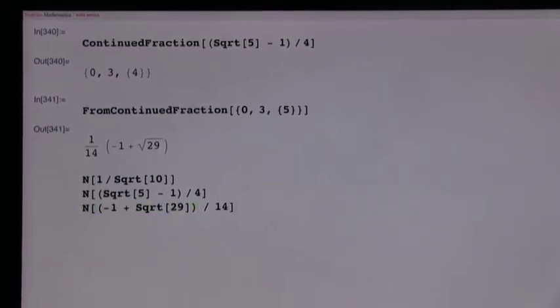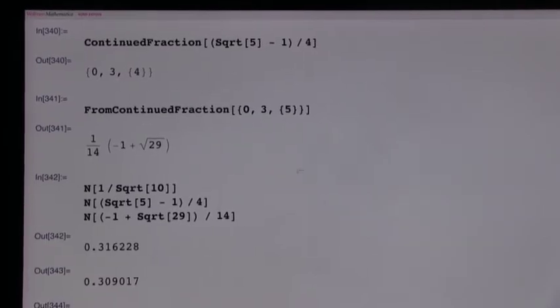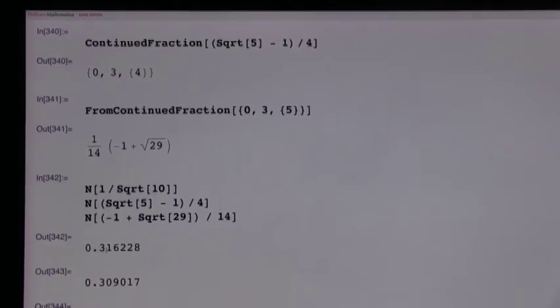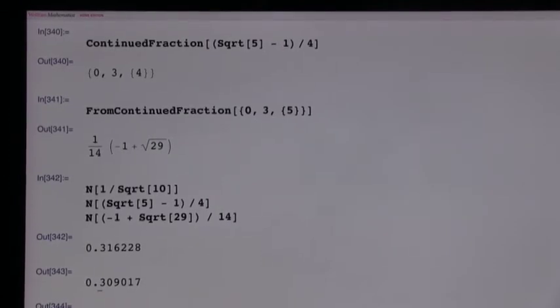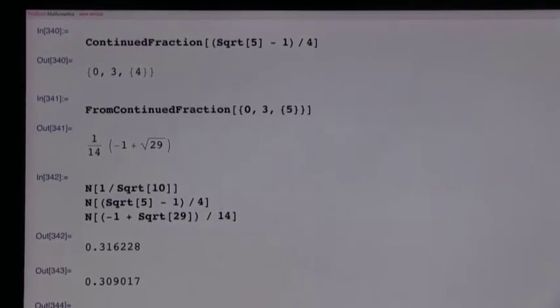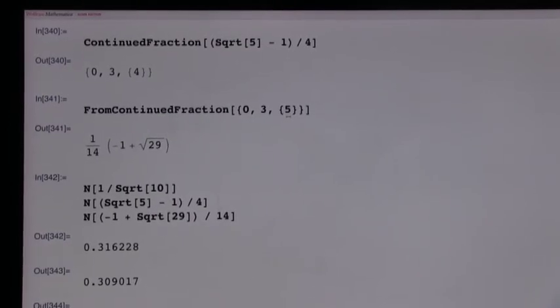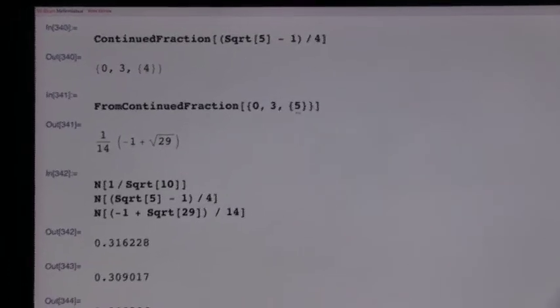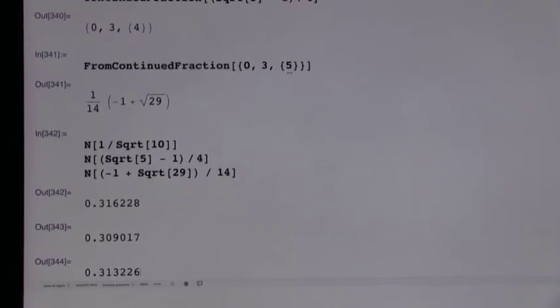So let's take a look at these three numbers: 0.316228, 0.309017, and 0.313226. So these last two are really close, well, this one's sort of in the middle between them. Would we have expected this last one with the 3 repeating 5 to be in the middle? Yes, because it's going to be larger than the one that's 3 repeating 4 and smaller than the one that's 3 repeating 6.